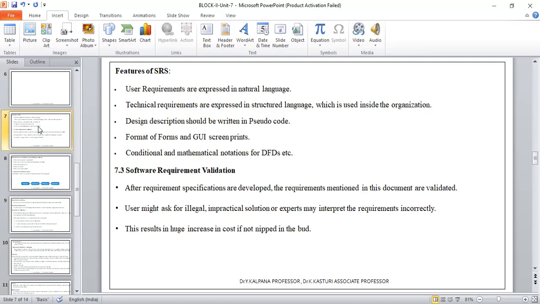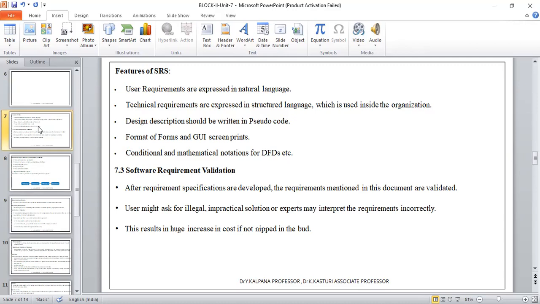Therefore, whatever requirements are collected from the client side will be recorded in the SRS, and even somewhat feasible requirements will be recorded, but the requirements in the SRS should be validated. Anyway, the feasibility report gives a positive note towards project development, but the requirements in the SRS should be validated.